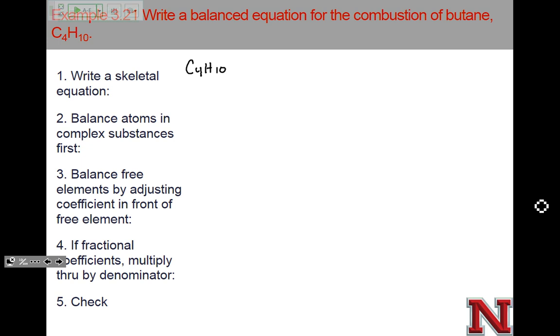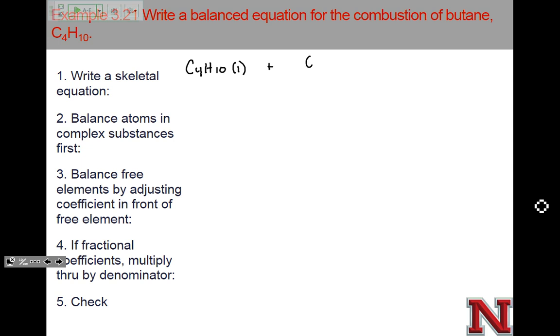You probably wouldn't know that offhand. I know that. You should kind of know that because everyone in here has probably used a butane lighter and it is a liquid. But if it's something like that, I would have to tell you because you're not really at that point to be able to predict when a carbon-containing molecule is going to be a liquid or a gas. But it's a liquid, so I'm going to put the L.